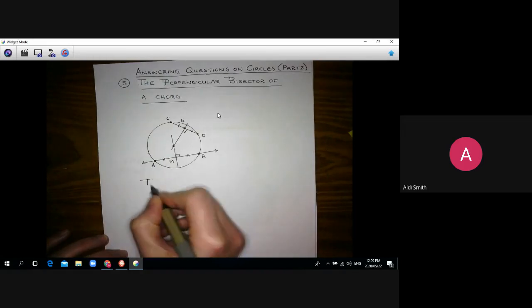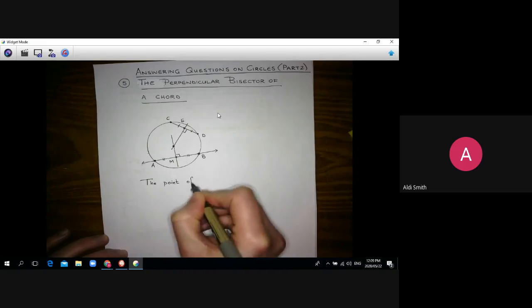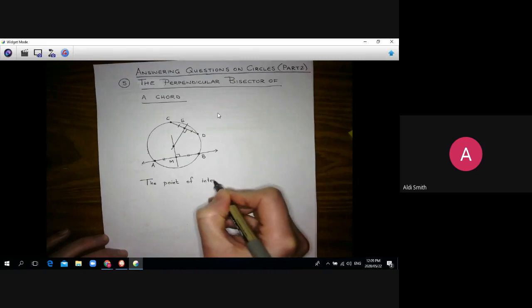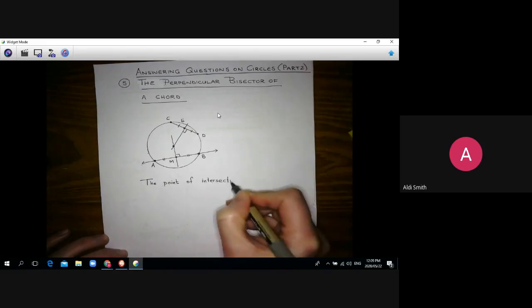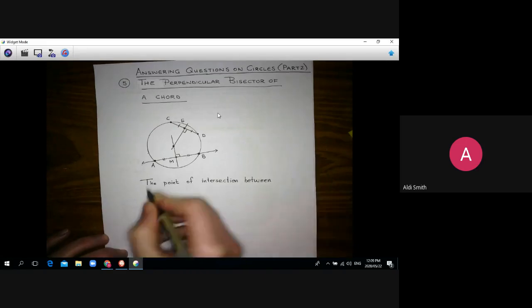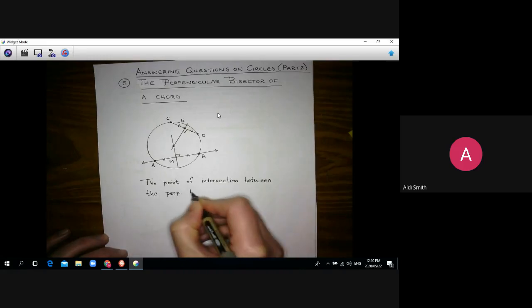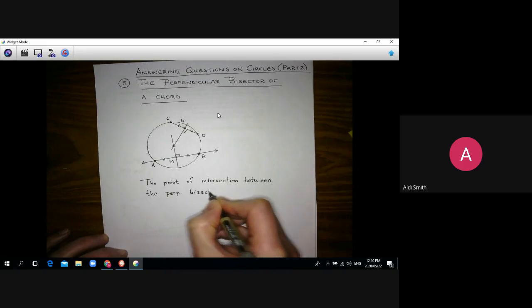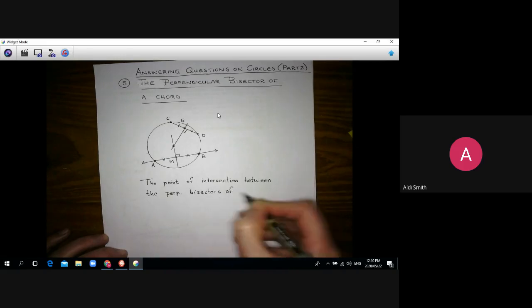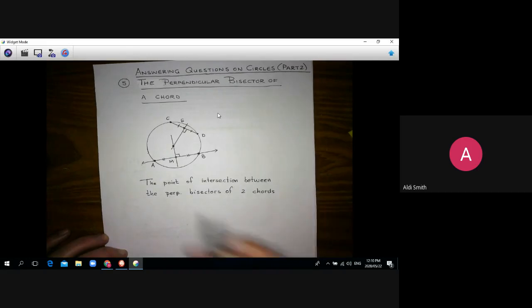So if you calculate the perpendicular bisector of two chords, the point of intersection between the perpendicular bisector of two chords will always be the center of the circle.